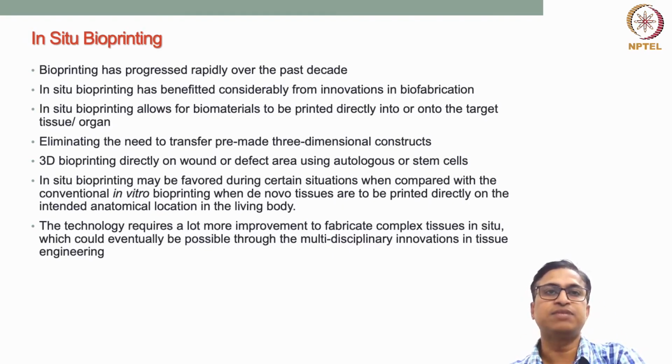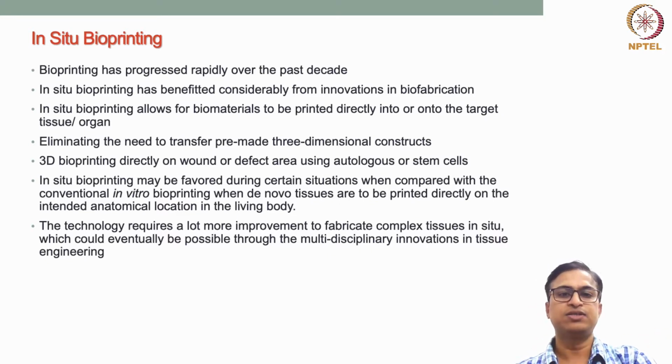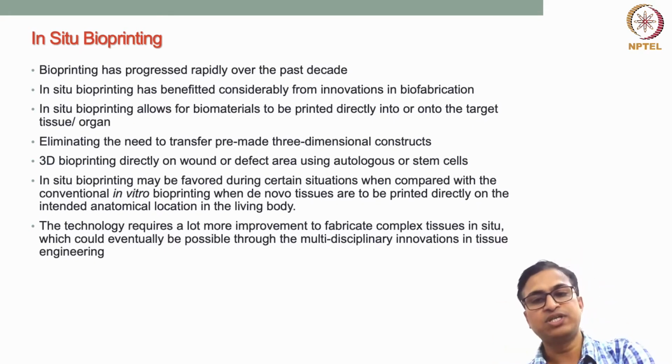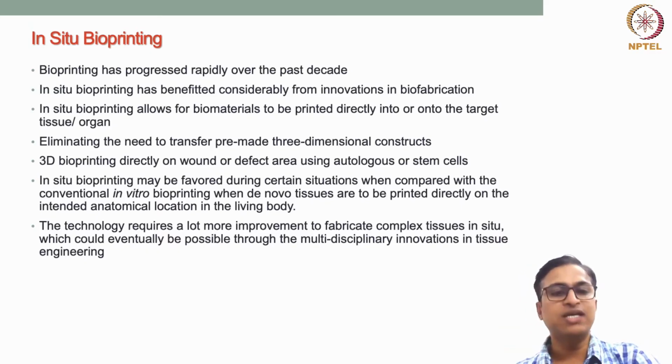Because in that process there is pre-printing involved, transportation involved, and then putting it back onto the structure. So here that transfer of a pre-made three-dimensional construct is eliminated. That's why it is directly on the wound or defect area.